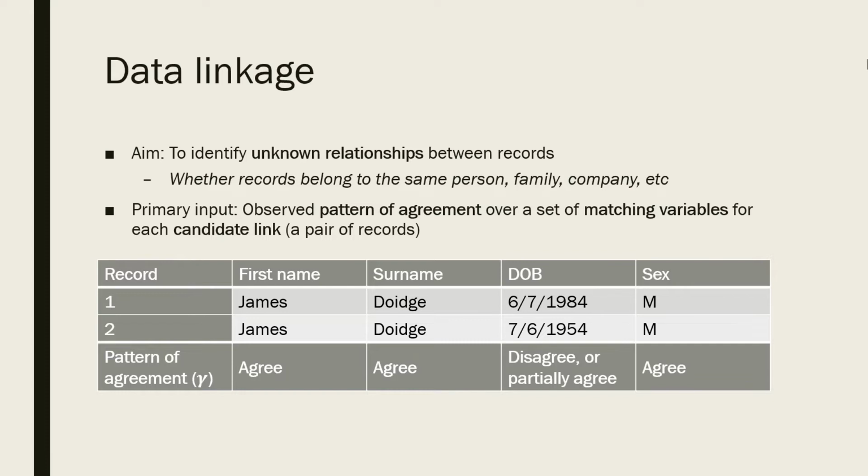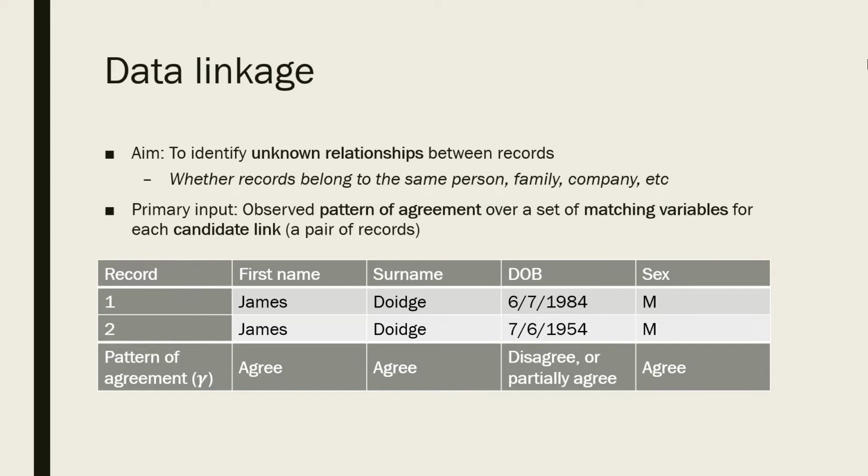And the main source of information that we have to distinguish between matches and non-matches is the pattern of agreement that two records exhibit over a set of matching variables. So these are usually things like name and address, dates of birth, sex, but they can be any characteristics that two records have in common and that are actually observed.